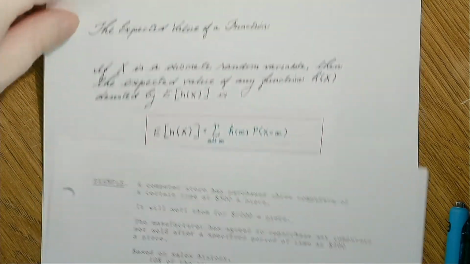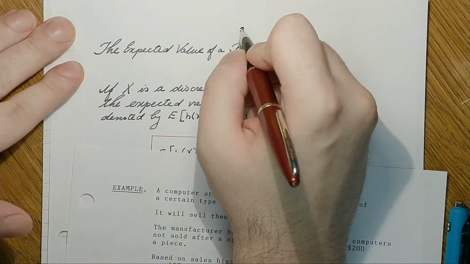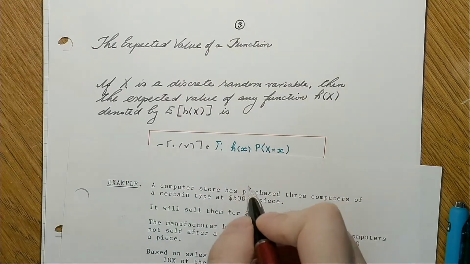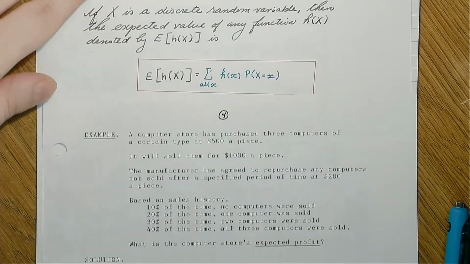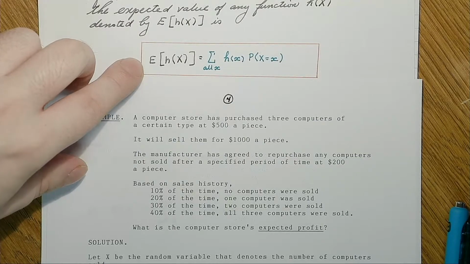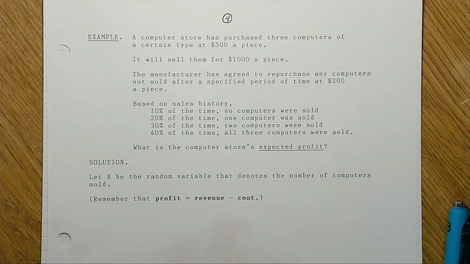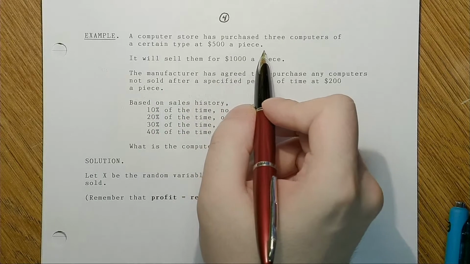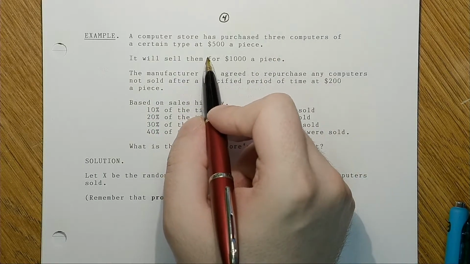So I have, let me just make sure I number the pages here. I have number 3. So let's do an example. We're going to use basically this, but here is our question. A computer store has purchased 3 computers of a certain type at $500 apiece.